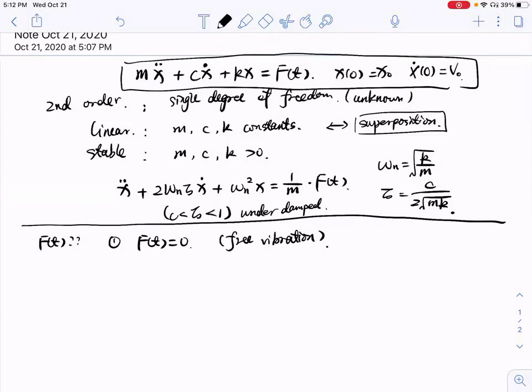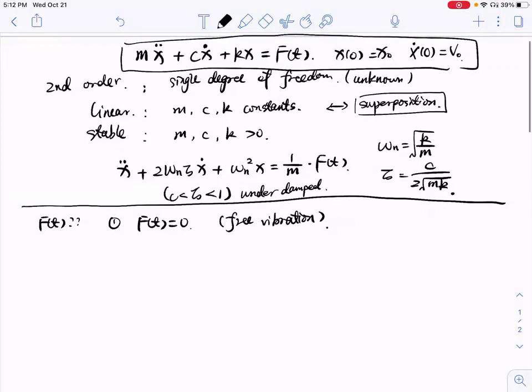All right. So for free vibration, F(t) is no force, then we already know that the response is something like A e to the minus zeta omega n t times sine of omega d t plus phi. And then omega d, we call it the damped natural frequency.